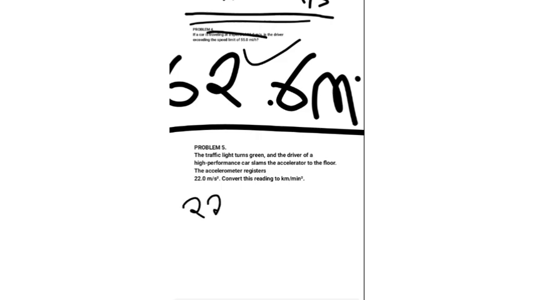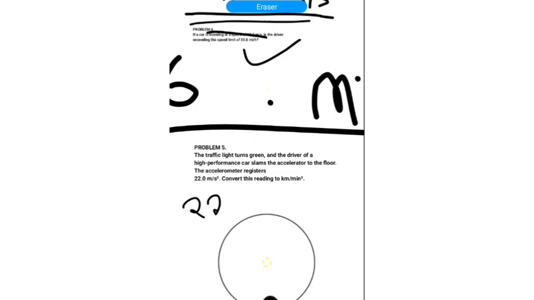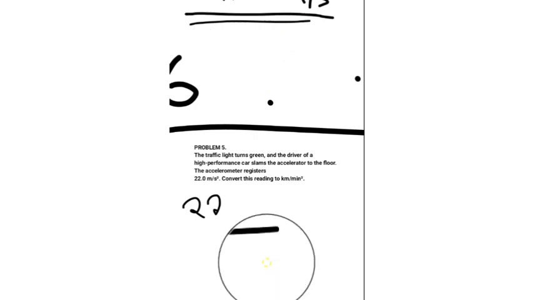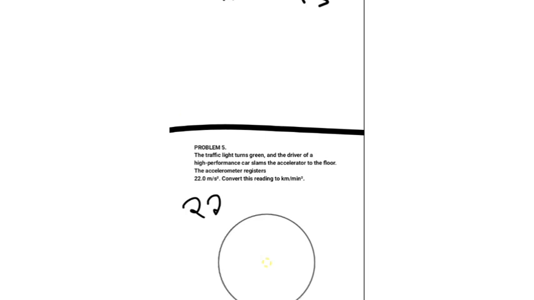Okay, let me just wrap the top part here so that we are not inconvenienced. We have the whole space even on top there. We can use the top space also for us to write something there instead of just keeping the space. So in this case then, we have 22 meters per second squared.